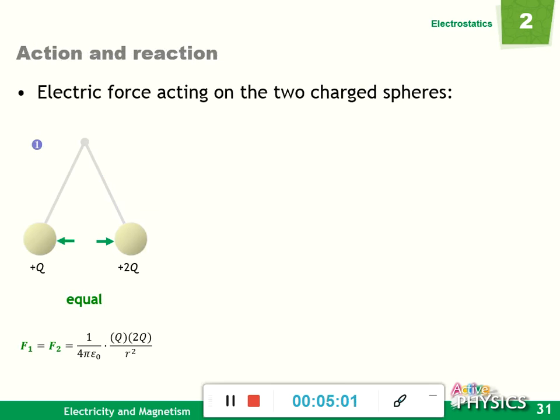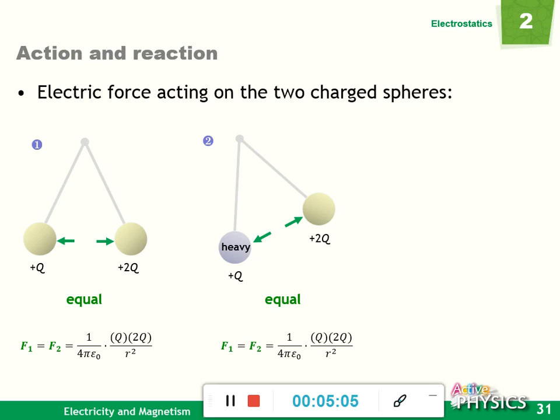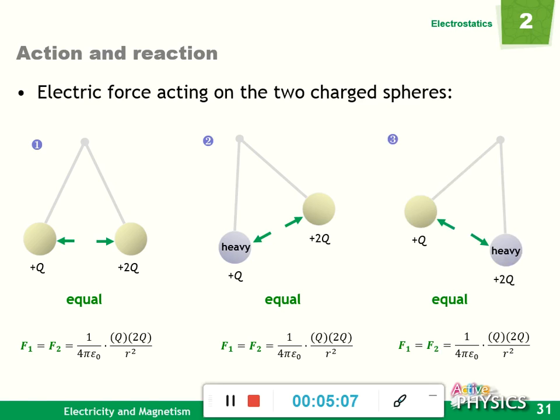And how about the action and reaction? Look at this. We have positive Q and positive 2Q. They are equal. Equal what? Equal force. But why? Because they are an action and reaction pair. When you put them into the formula, Q times 2Q and 2Q times Q are the same.